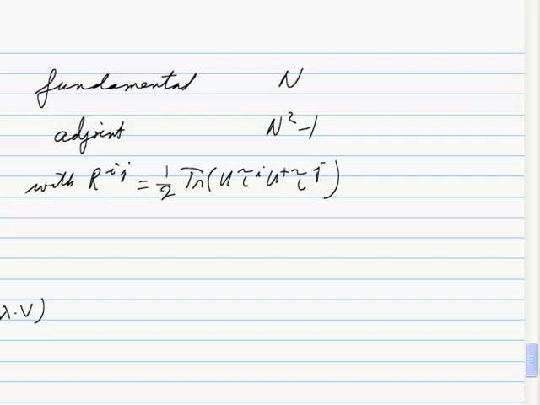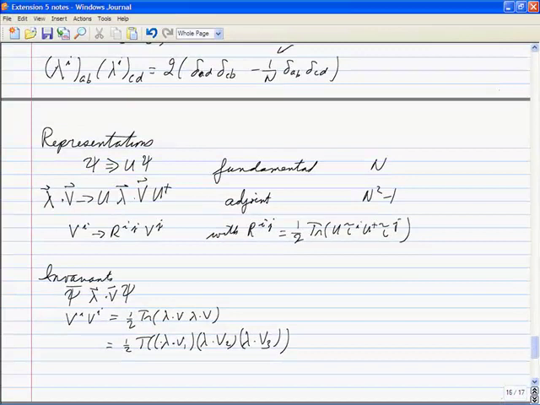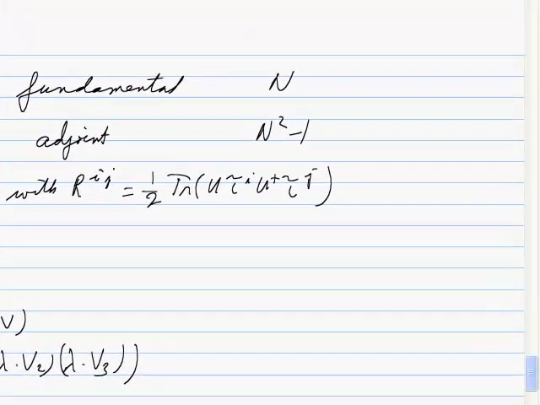You could also take trace lambda dot v1, lambda dot v2, lambda dot v3, as long as those are all in the adjoint representation, so they transform the same way. That could be some triple coupling. We'll see some examples of that.